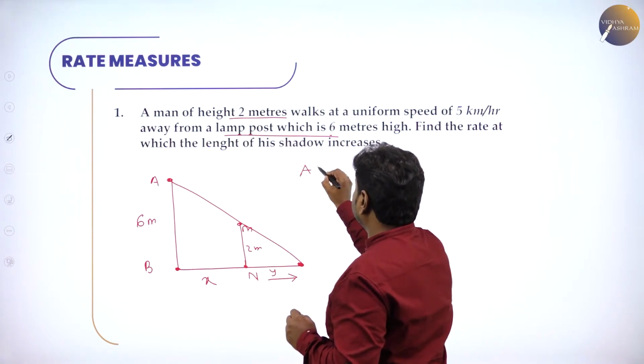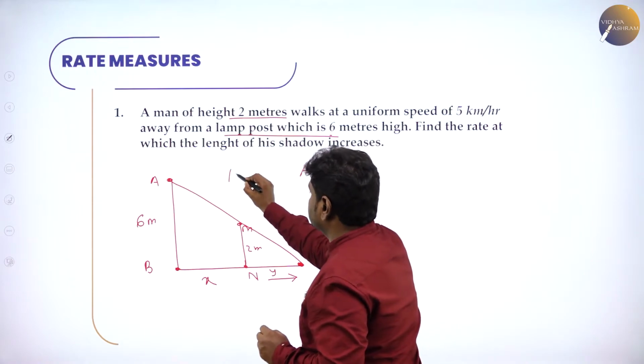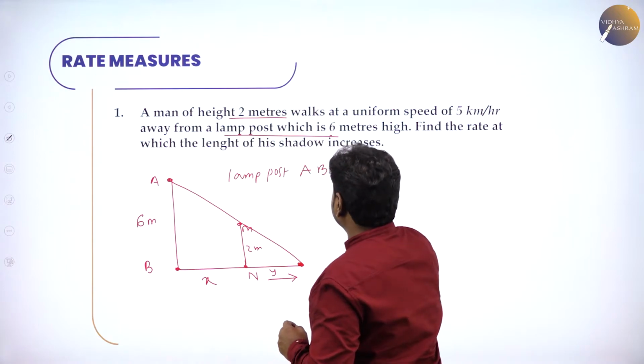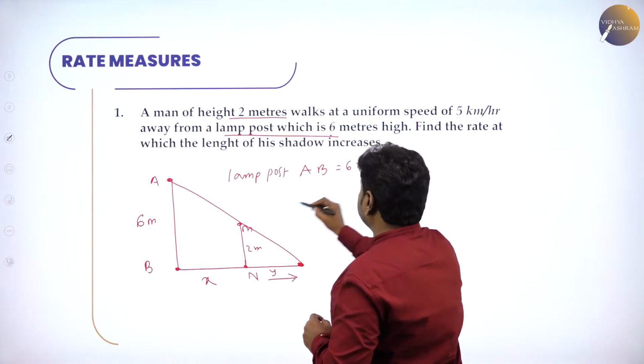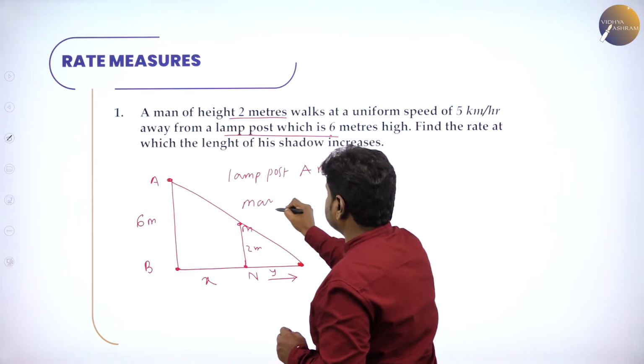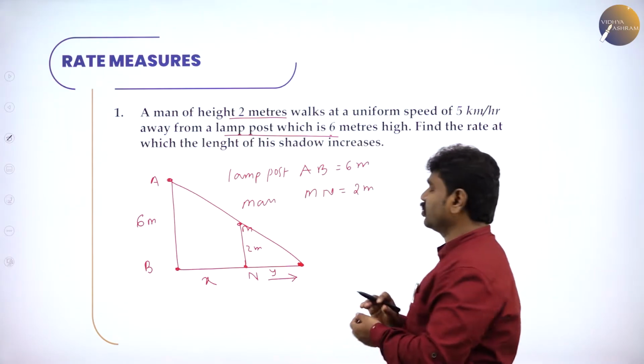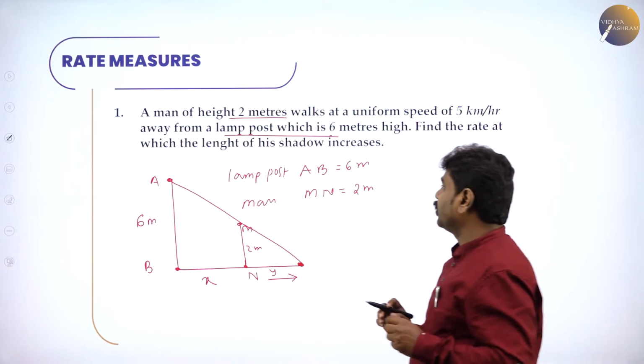AB in the diagram is lamppost. So lamppost, you are assuming it as AB, and AB length they gave 6 meters, and man in the diagram, man is MN. MN they gave 2 meters. That also you can represent. Then what else they give?